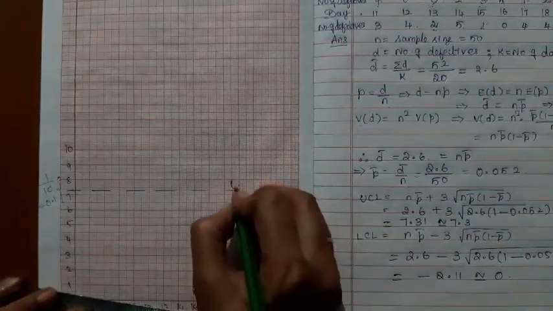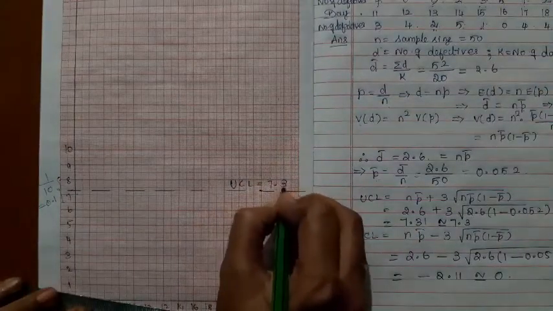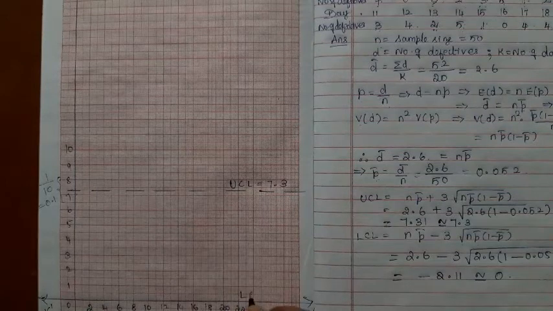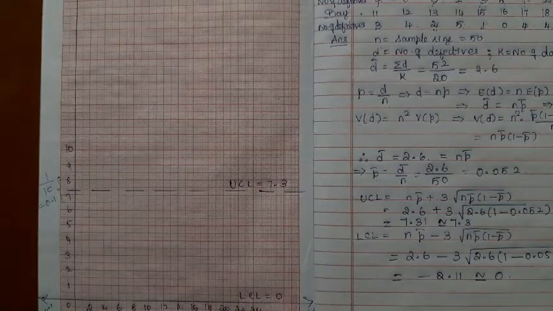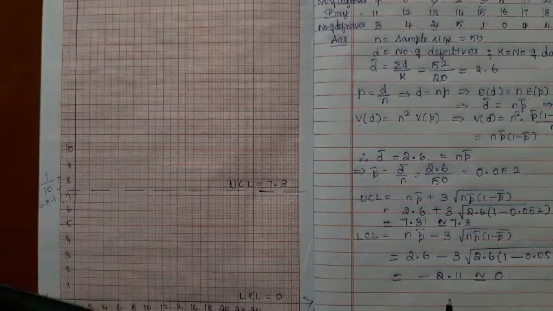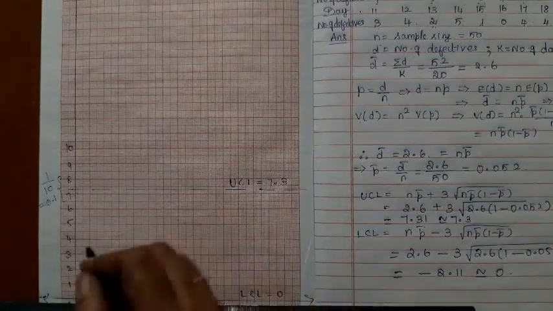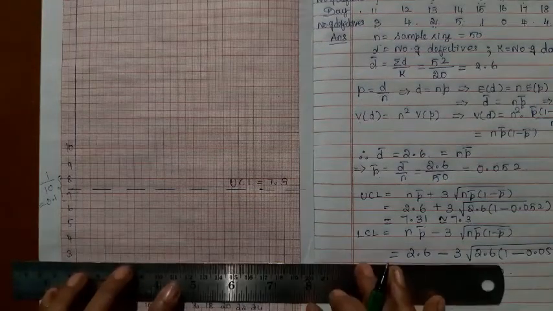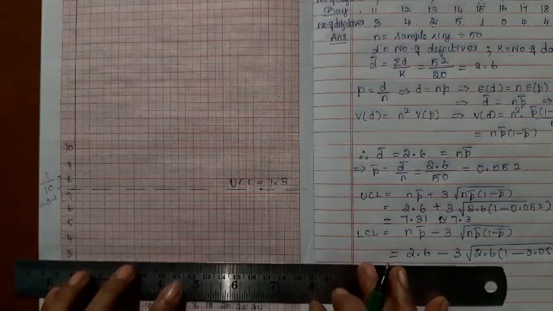So the upper control limit is 7.3. Lower control limit is 0. And the central line is np bar, that is D bar. D bar is 2.6, a line just above 2.5.